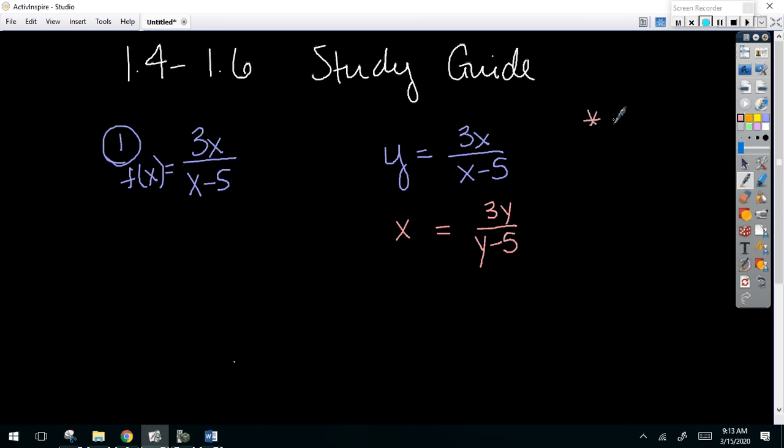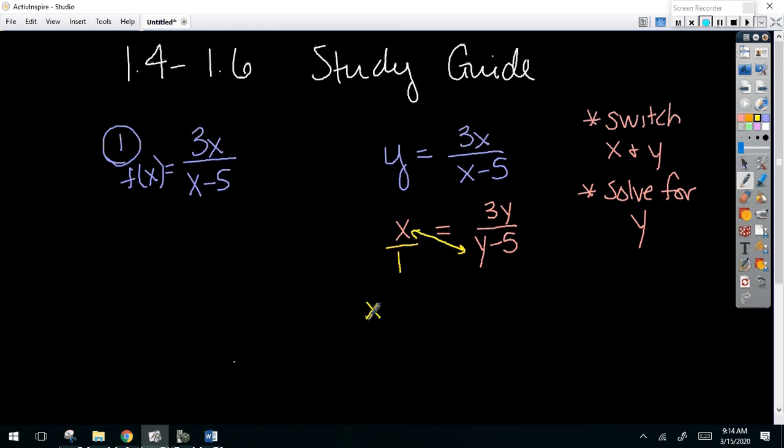So we'll put a note over here. Switch x and y, and then solve for y. So here I've switched x and y. This is a little bit of a harder solve than what a normal linear equation would be. So since I have a fraction and I've got more than one variable in here, I'm going to set this side over 1 to make it a fraction, and I'm going to cross multiply.